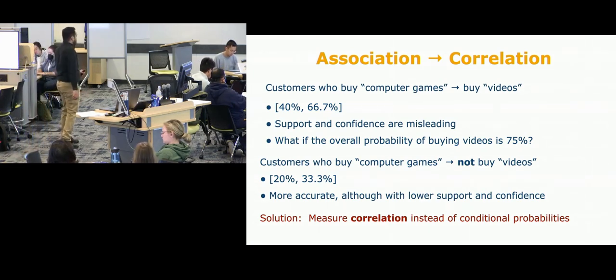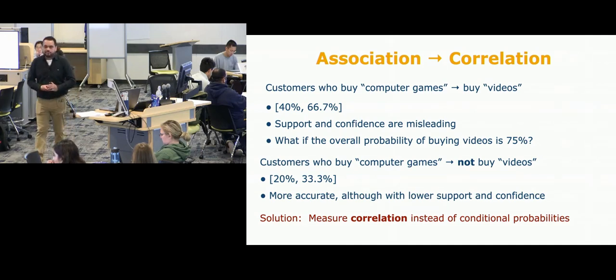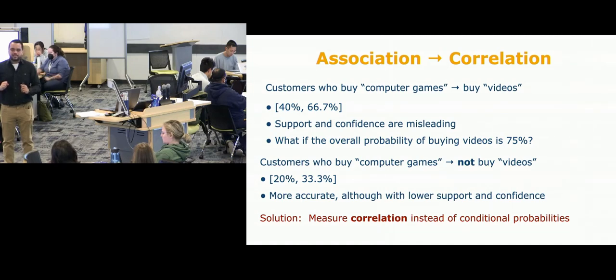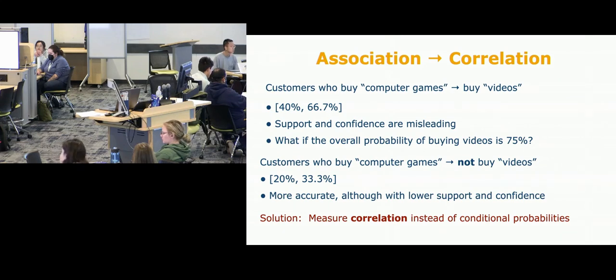So it's more accurate because it contains more information, but it has lower support and confidence. Okay, so as you can see from both these examples, some of these rules could be misleading, while others that might not be misleading might not have enough support and confidence, right? So they might not even catch our attention because they would not pass our threshold in the first place.